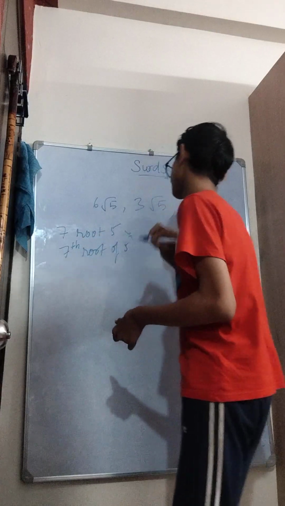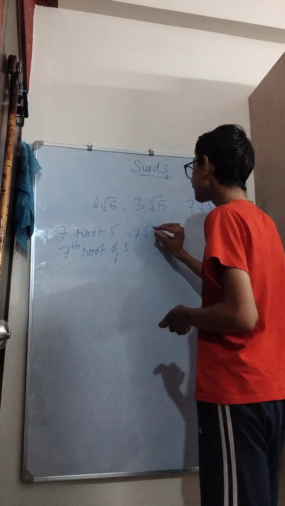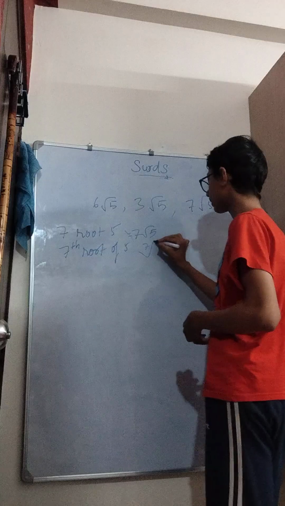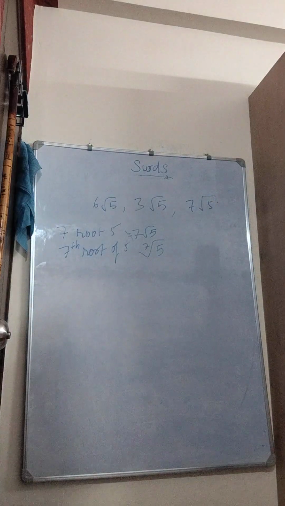These both are not the same. 7 root 5 is this, and the 7th root of 5 is this. Understood? This is also one thing to remember.